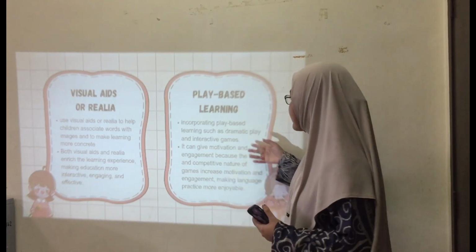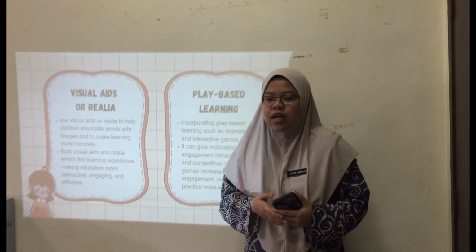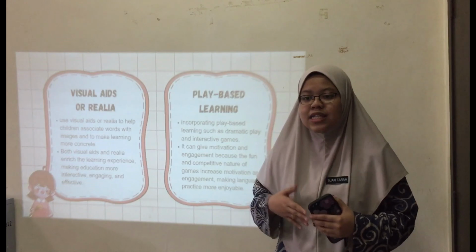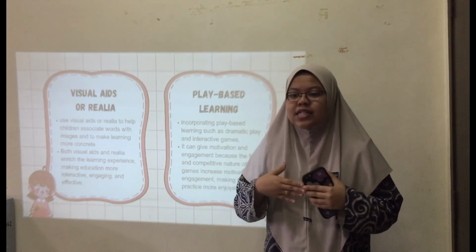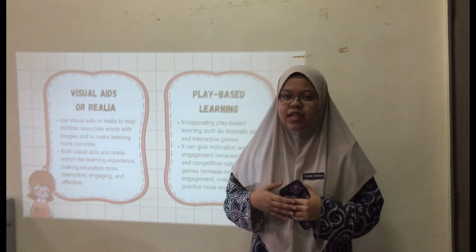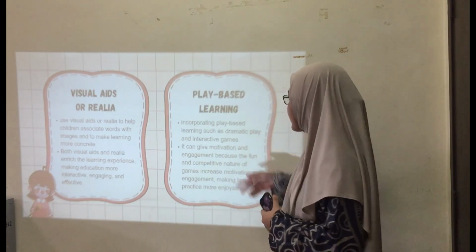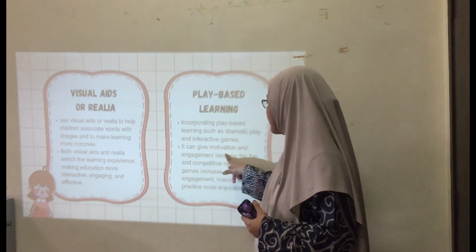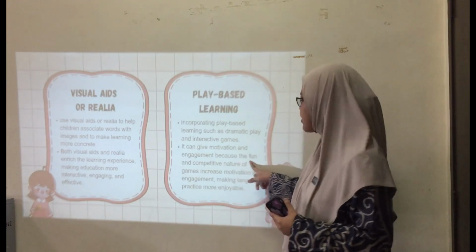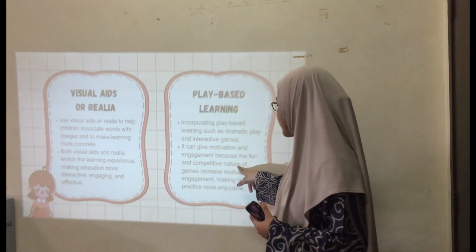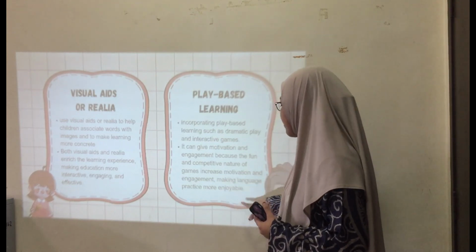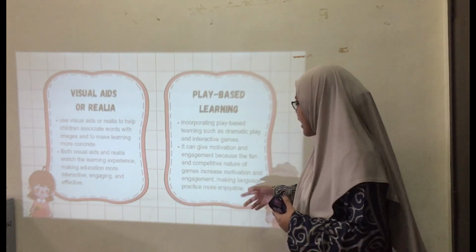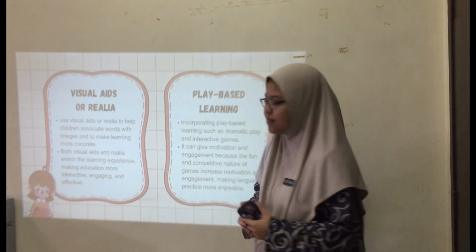For the interactive games, the teachers can play Simon Says with the kids to practice listening and following directions in English. Play-based learning can give motivation and engagement because the fun and competitive nature of games increases motivation and engagement, making language practice more enjoyable.